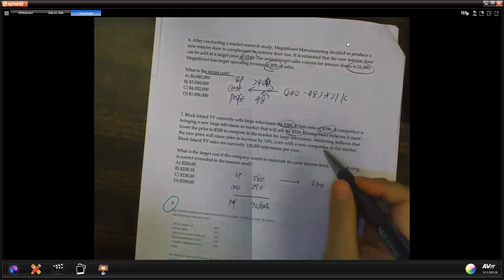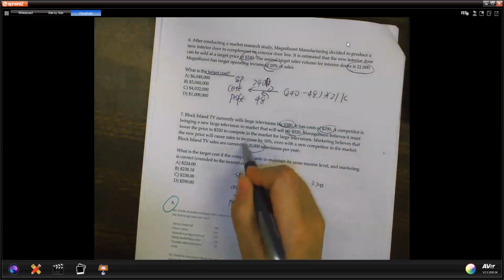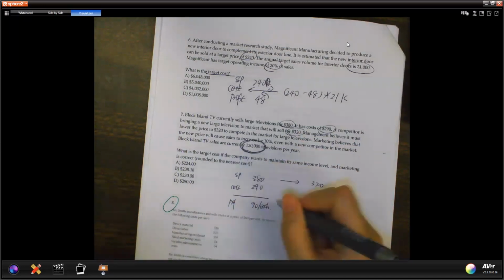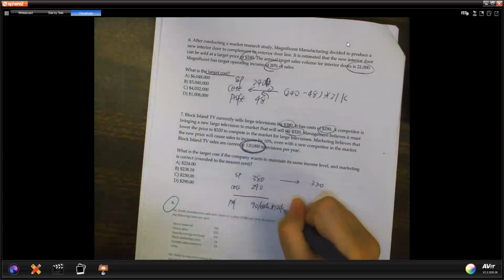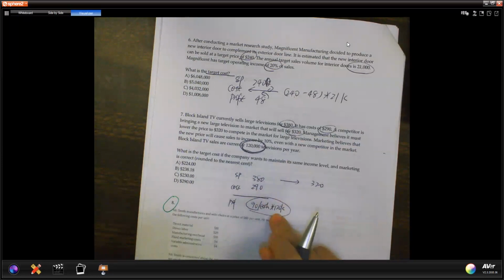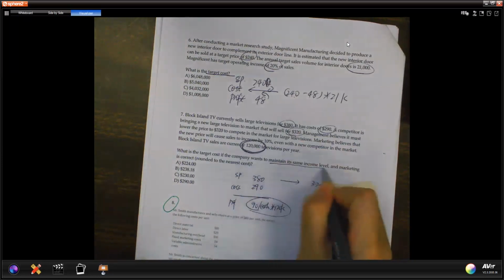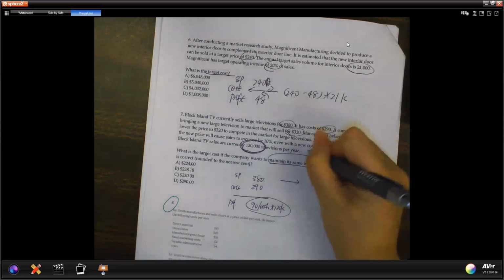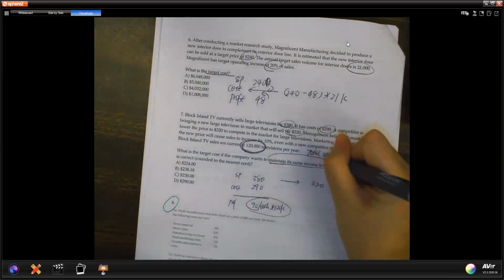So you have to also change to 320. And then you are currently selling 120,000 units. So that gives you the total profit. But you want to maintain the same income level, which means your total operating income will be the same, right?